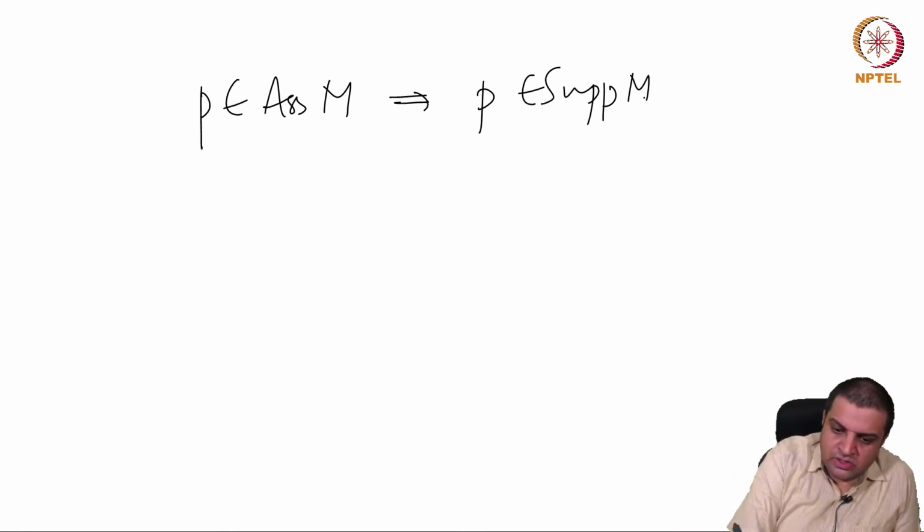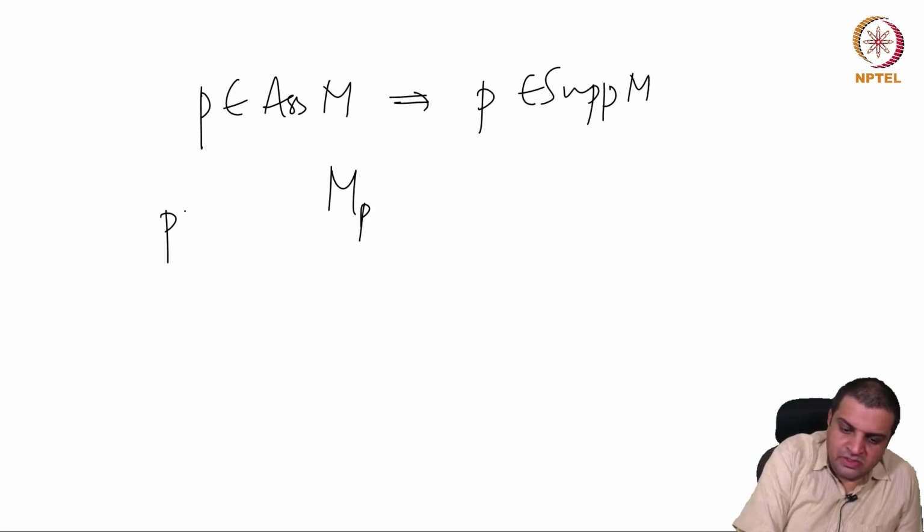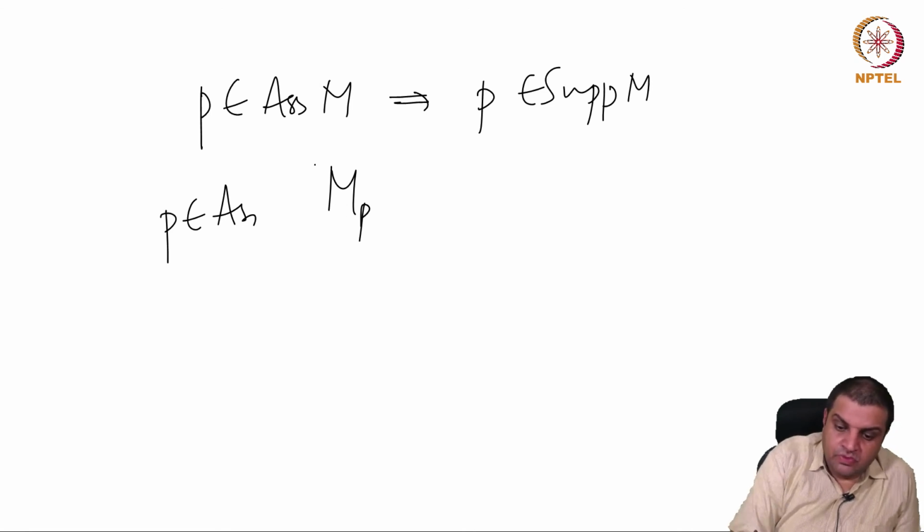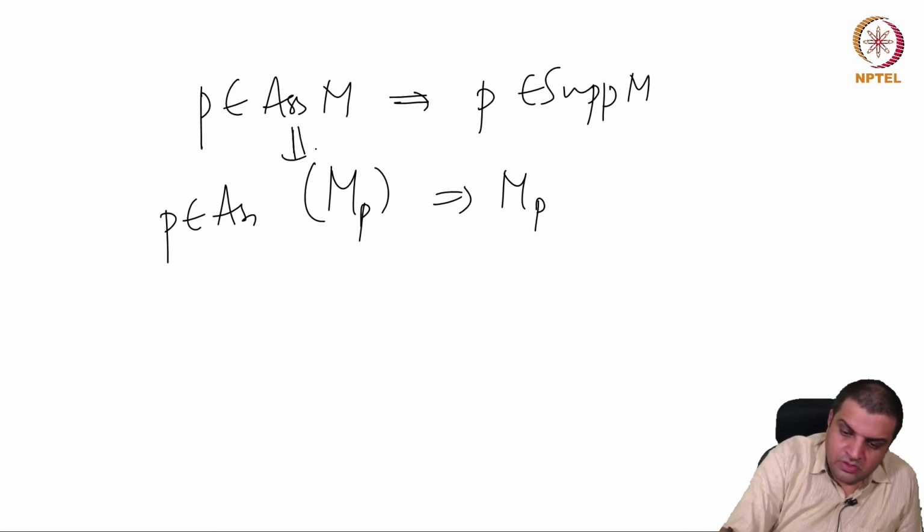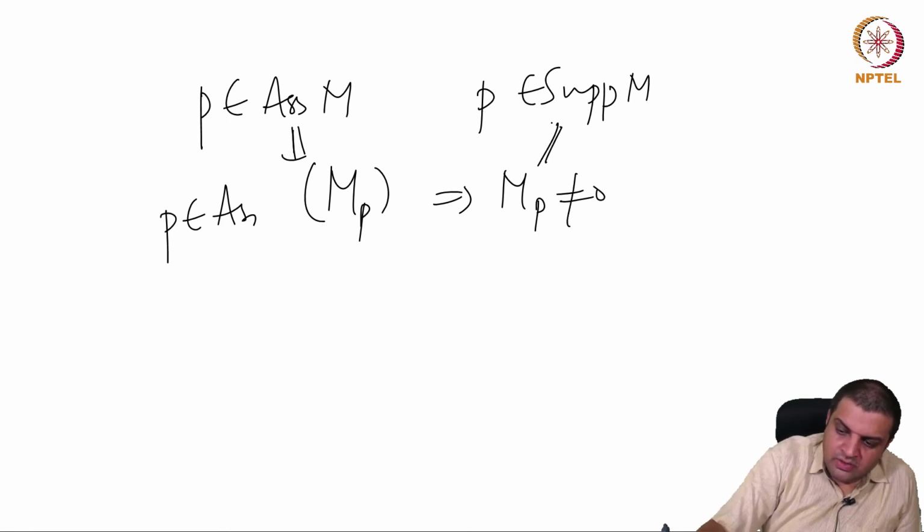So that is because P is associated to M localized at P, and therefore M localized at P is non-zero. Okay. So this is M localized at P is non-zero, and then we have this.